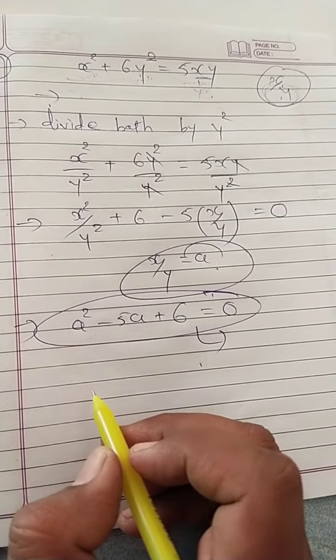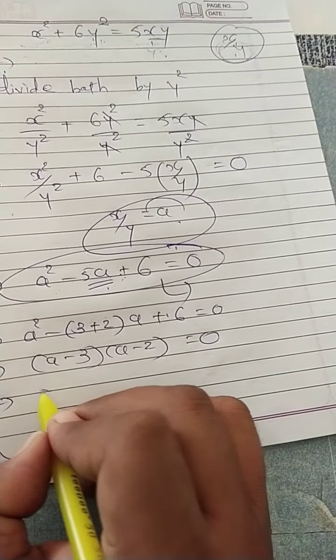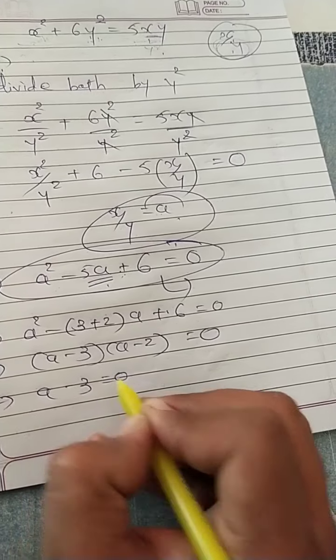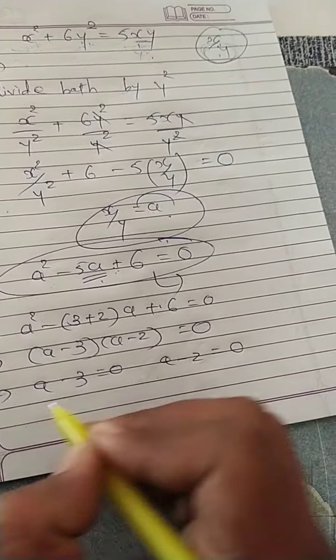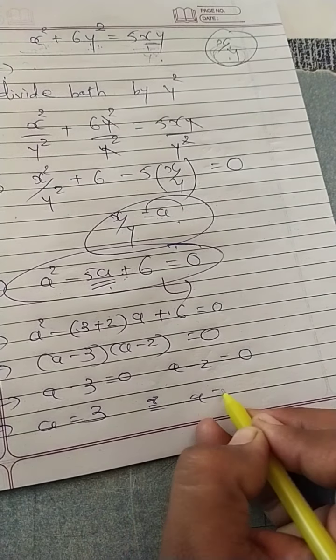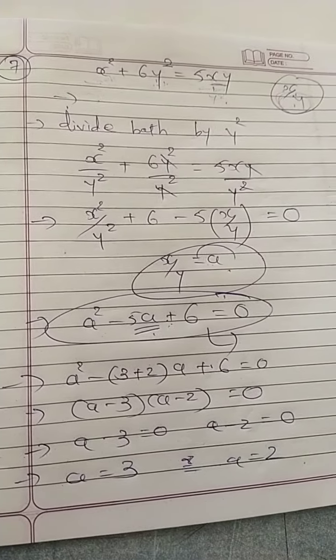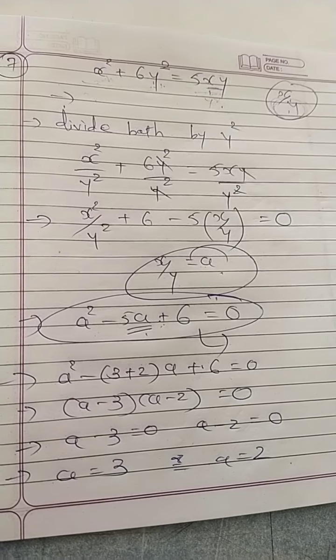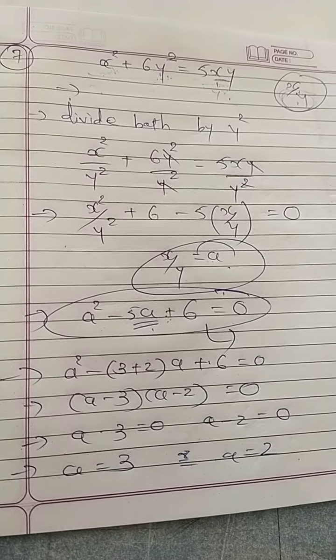Then it will be a minus 3 into a minus 2 is equal to 0, then I can write a minus 3 is equal to 0, or a minus 2 is equal to 0, then a is equal to 3, or a is equal to 2.